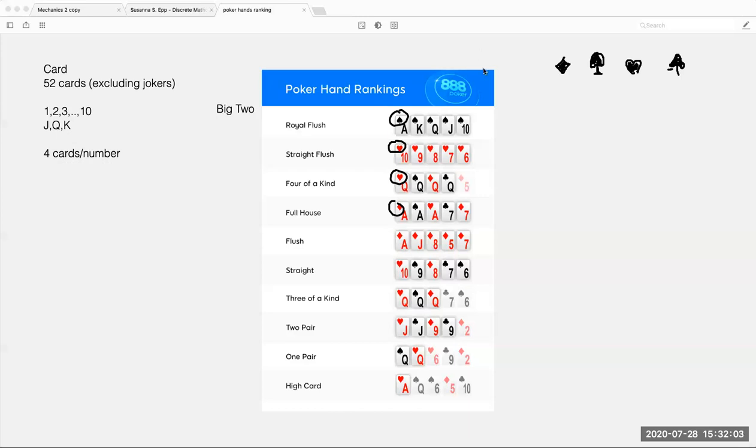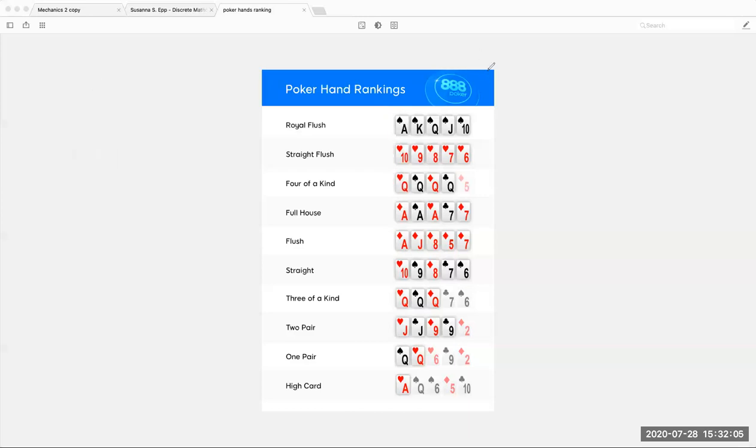So we are going to count the number of different choices. Let's say you take 5 cards from 52 different cards. What is the number of choices? Royal Flush. So we want to find the number of choices.